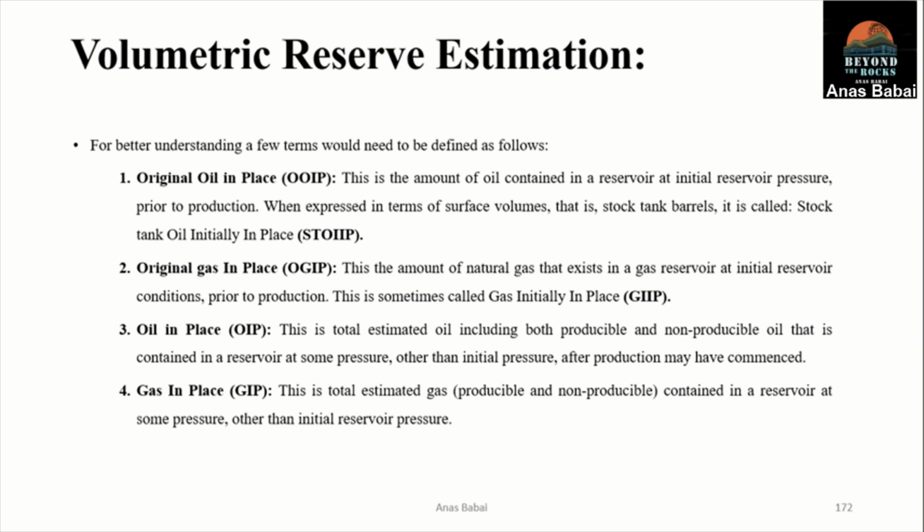The first term is original oil in place, or OOIP, and in some places you might find it as STOIIP, which is stock tank oil initially in place, and this represents the amount of hydrocarbon, oil or gas, in the reservoir at the initial condition, which is initial pressure, before production takes place.